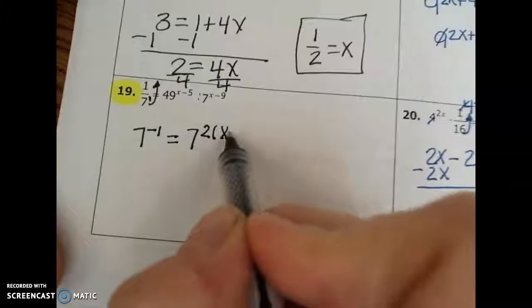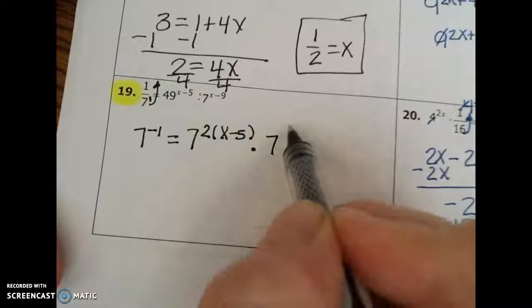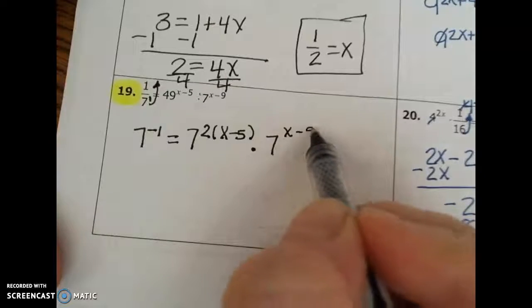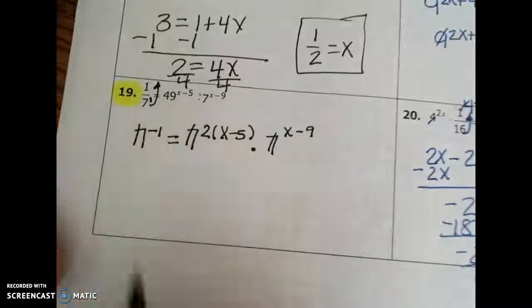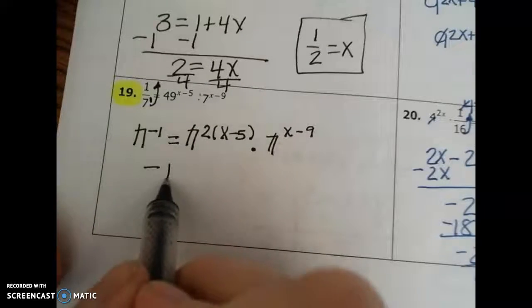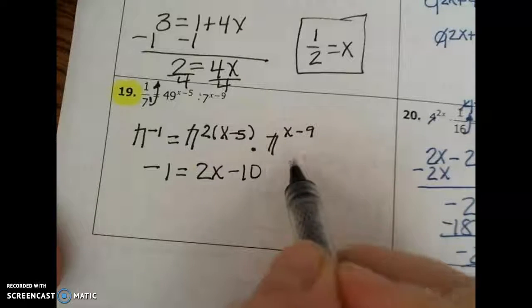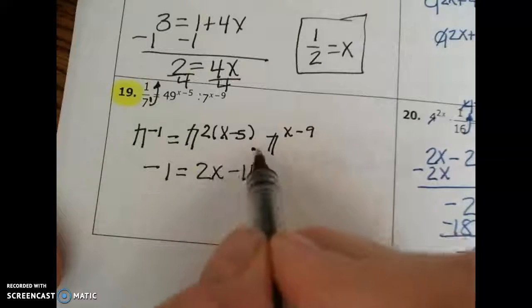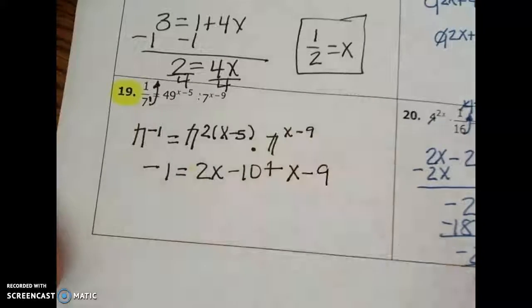Plus the exponent that was already in place, times 7 is already the base that we want. All 3 of my bases match. We're going to cross them off. I get negative 1 equals 2x minus 10. And when you multiply like bases, you add their exponents, plus x minus 9.